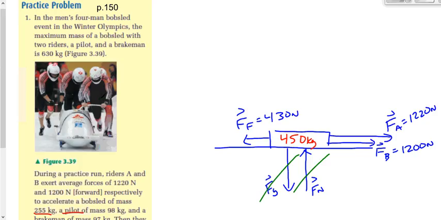Just because it could be the mass, it doesn't mean it is the mass. The color of this bobsled could also be red. Does it matter? No. So the mass that it could be doesn't matter either. Does that make sense? What matters is the mass that it is, not the mass that it could be. So we're going to include the 450 kilograms.